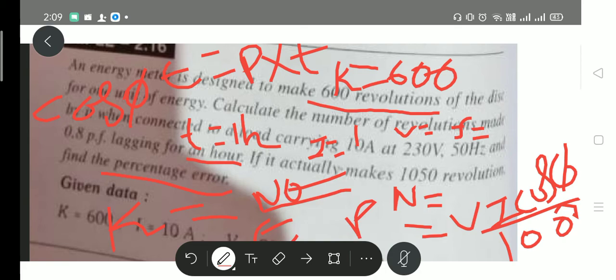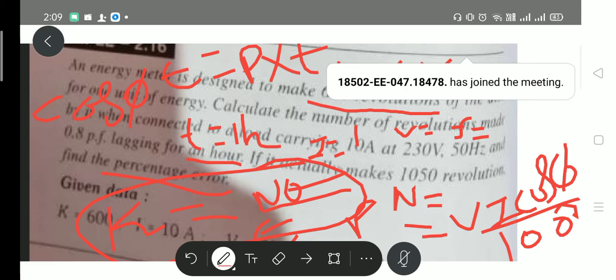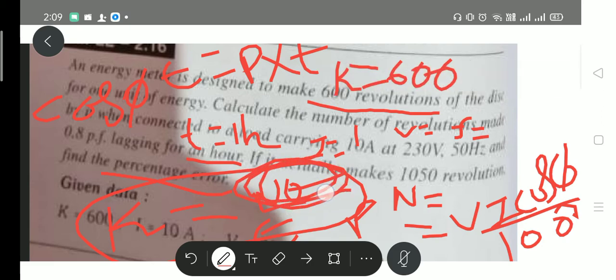So now you have to substitute in this meter constant formula, that is K is equal to number of revolutions by energy. From this we will get the number of revolutions here. Then we can find the percentage error.